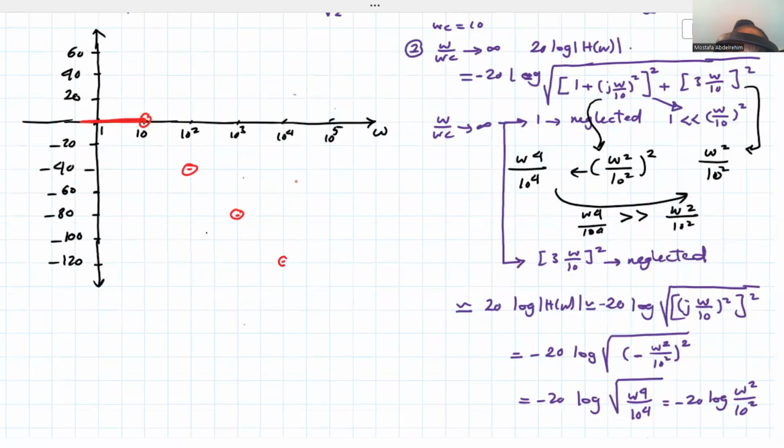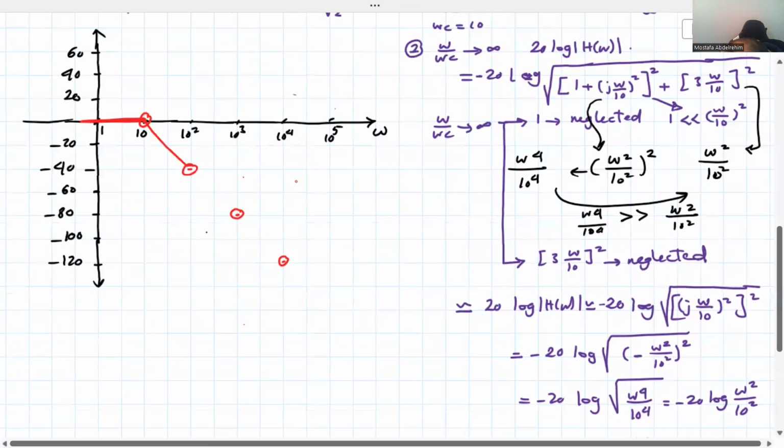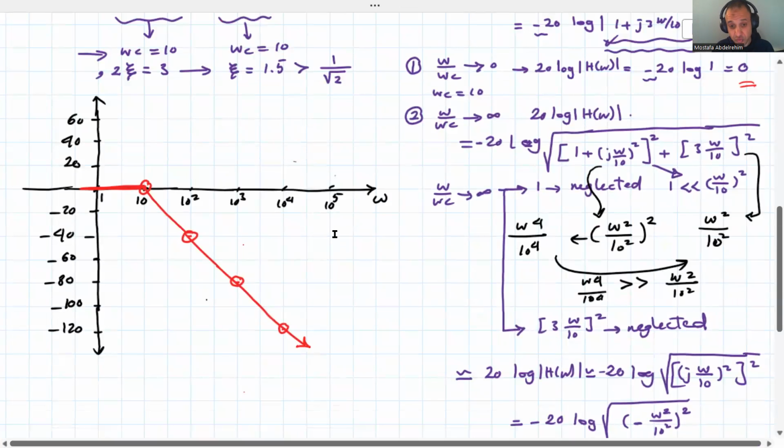Then we can connect these together. Okay, that's basically H of omega, a Bode plot of that quadratic function, or second order H of omega.